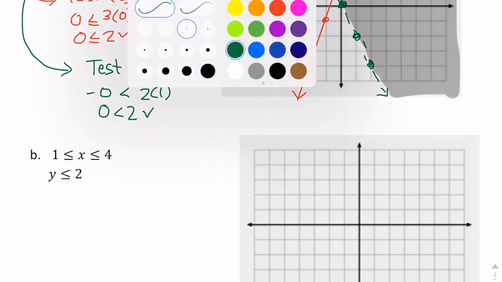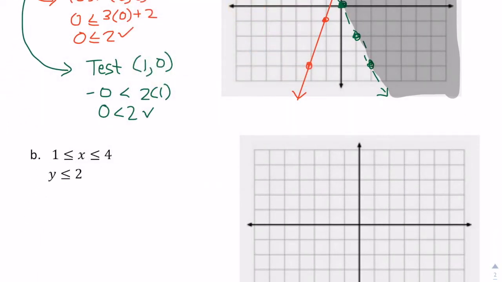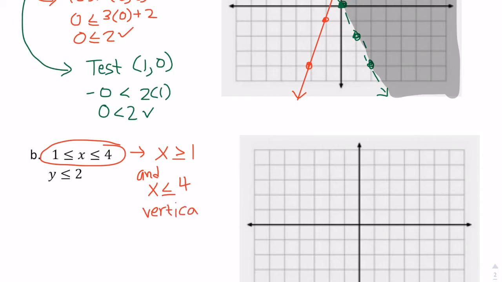And let's do a few different kinds here. If you look at this one, this first inequality is a little bit odd. It's a compound inequality. You could think of it, if you want to, as two separate inequalities that say x is greater than or equal to 1 and x is less than or equal to 4. Those are both vertical lines for your boundaries since they're x equals.